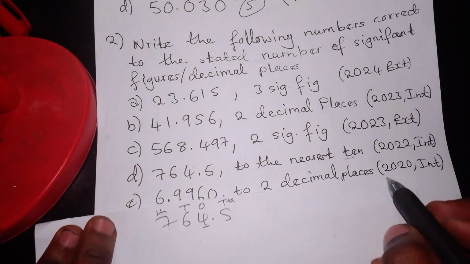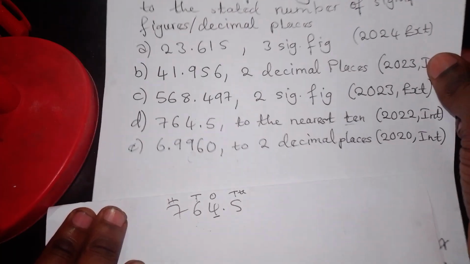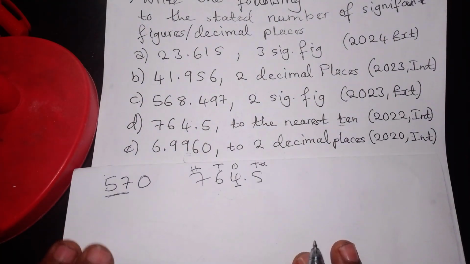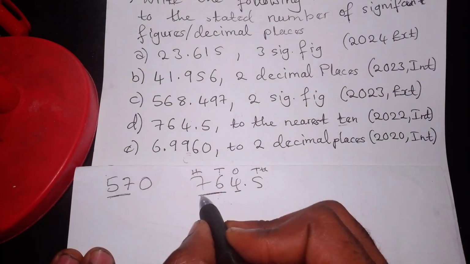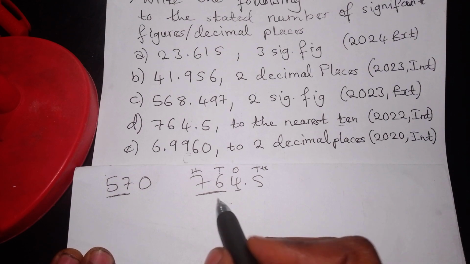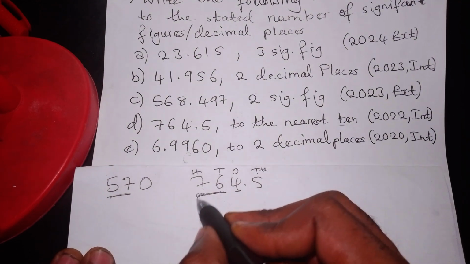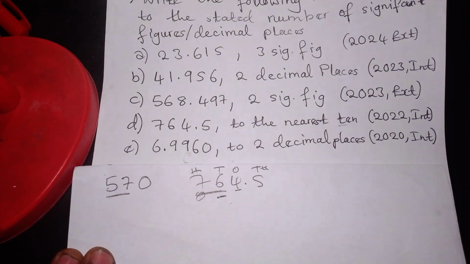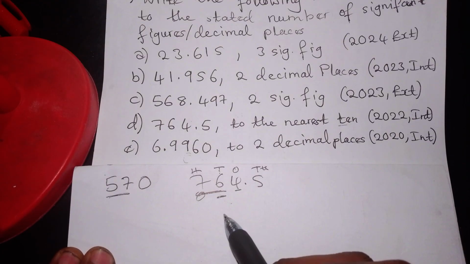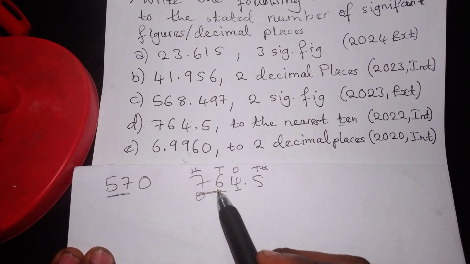So we want to round this one off to the nearest 10. So what you do is just target the last two digits. In other words, you are targeting the figure representing the tens.